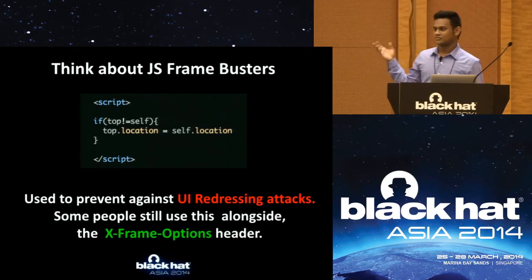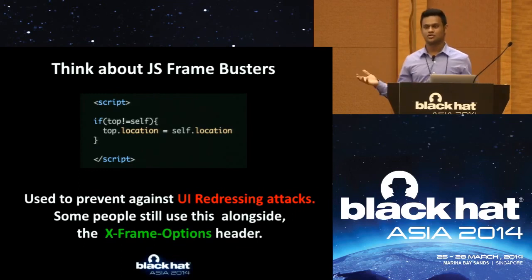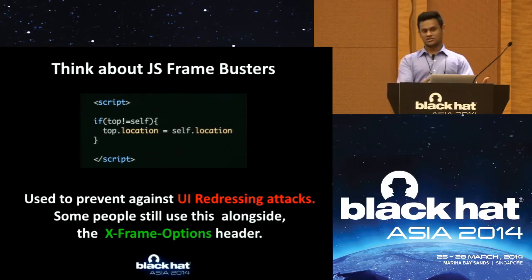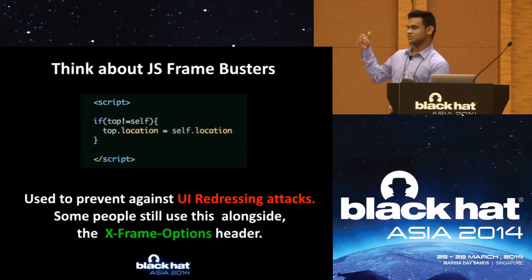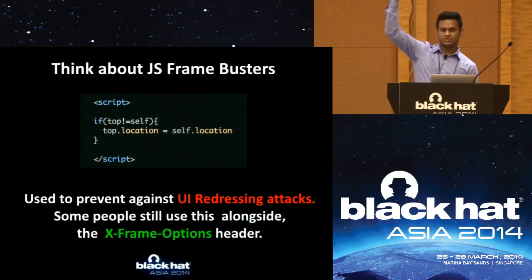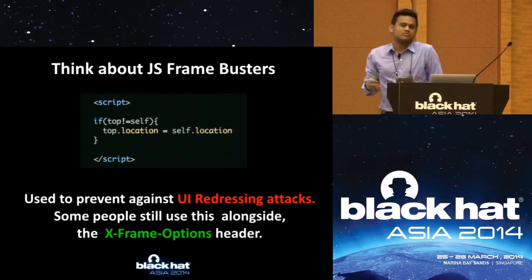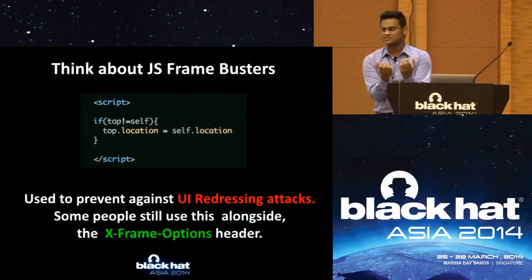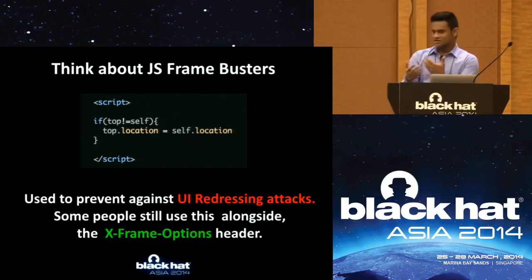When you iframe some website, say my website, you can have code like this which would bust you out of it. The top is the parent window and self is your current window. If both of them don't match, that means you have been put inside some other container, a child. So I need to bust out of it, and you say top.location is equal to self.location.